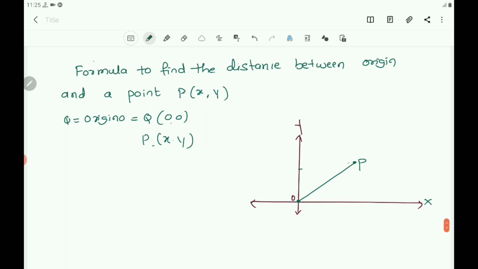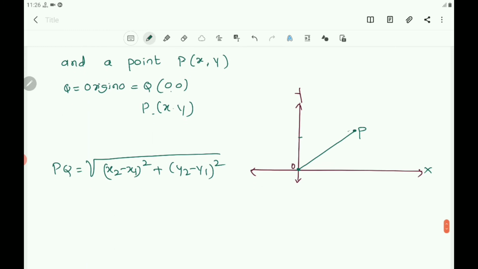Now apply the distance formula. You know that d, or PQ, equals the whole root of x2 minus x1 whole square plus y2 minus y1 whole square.